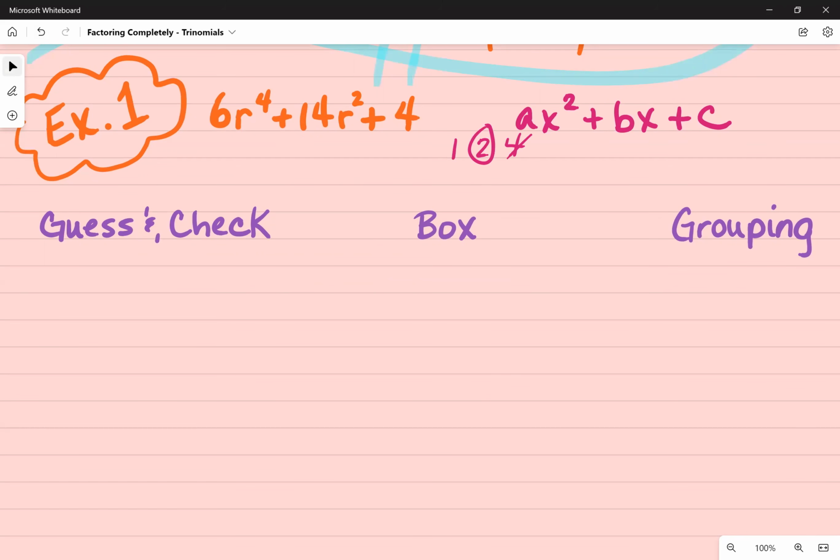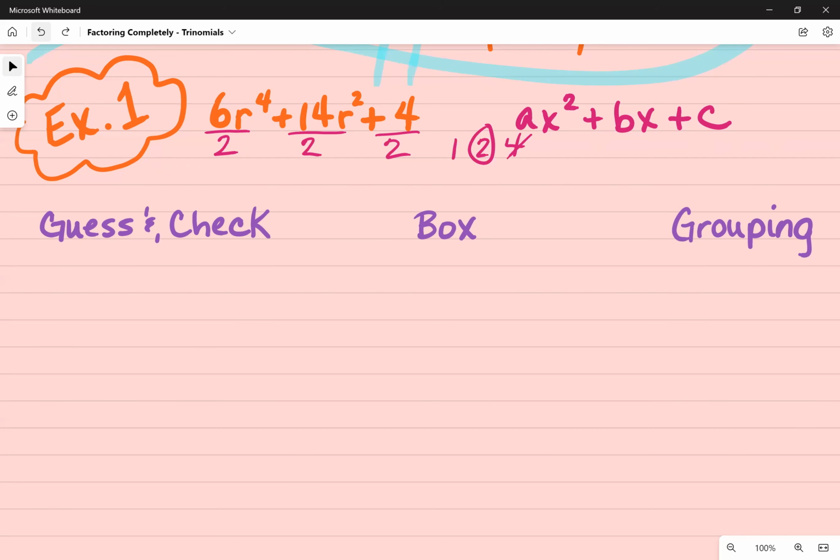So what I'm going to do with that information is divide each term by that greatest common factor. That was the number portion. Now I want to look at the variable. I said I have a constant, so that means I don't have a variable in that term. So I will not have a greatest common factor that includes a variable.